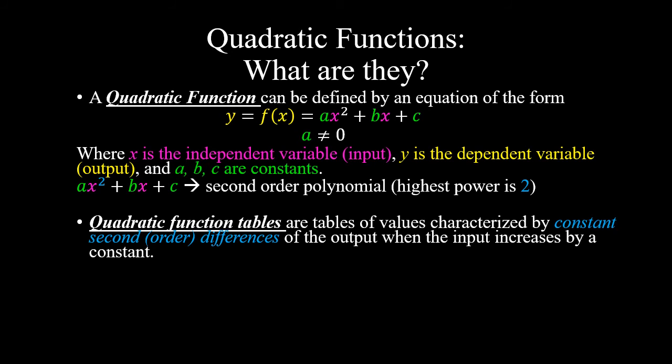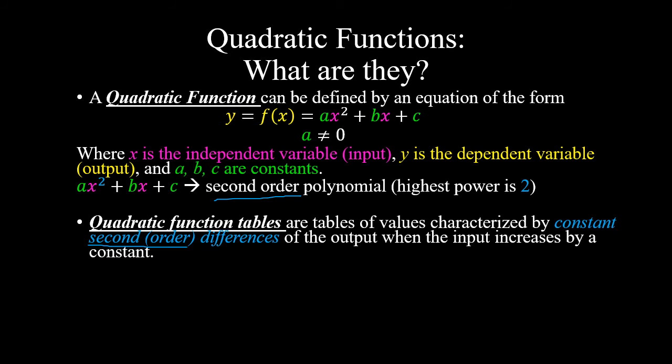Quadratic function tables are tables of values characterized by constant second order differences of the output when the input increases by a constant. So again, this whole idea of this second order, it's a second order polynomial, and when we're looking at a table of values, it's the second order differences that are constant, okay? So when we look at the first order differences, they're going to be all over the place.